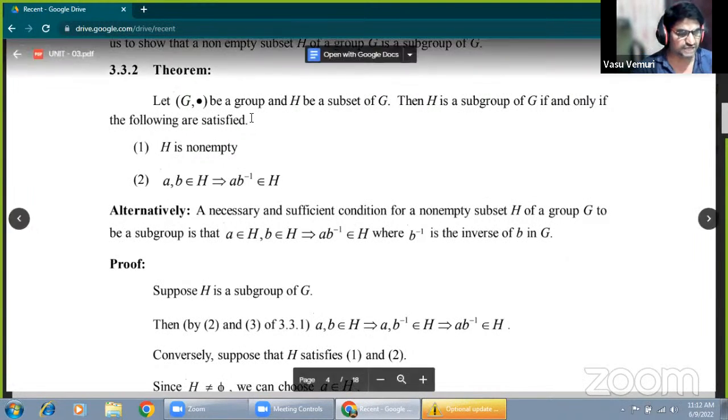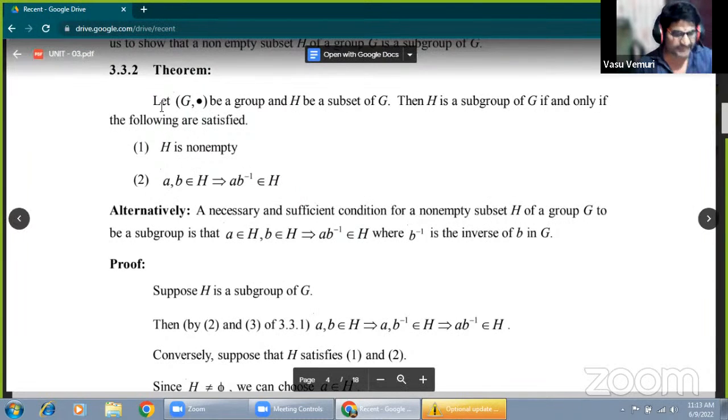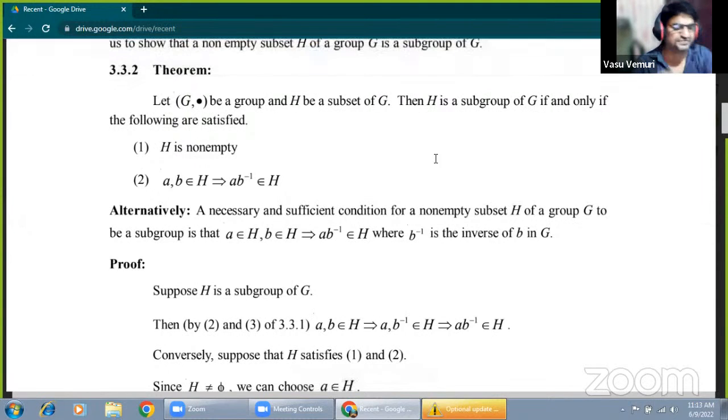Therefore H is a subset of G. For the subset to be a subgroup, we prove these two conditions: H is not equal to phi, and A, B belong to H implies A B inverse belongs to H. Using these two conditions we verify that H under multiplication is a group, and then automatically it is a subgroup. That is the sufficient part.